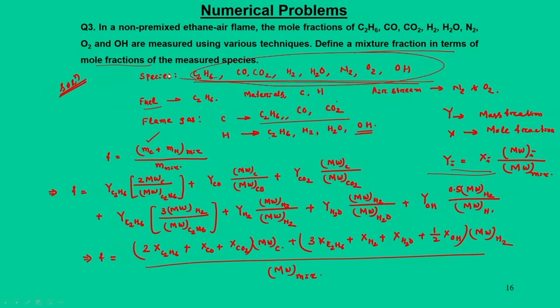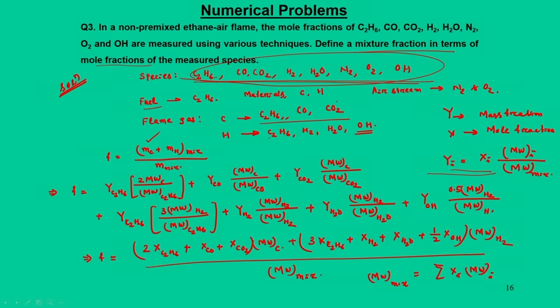So the molecular weight of the mixture I can write as the summation of X_i times the molecular weight of the species: X for C2H6, X for CO and so on.